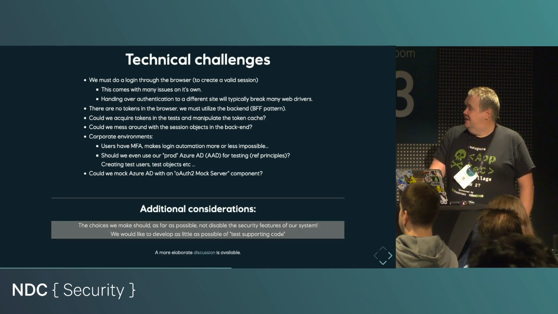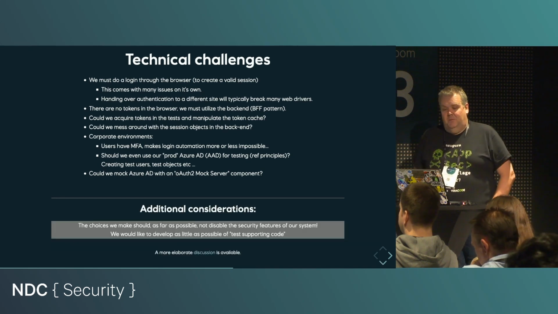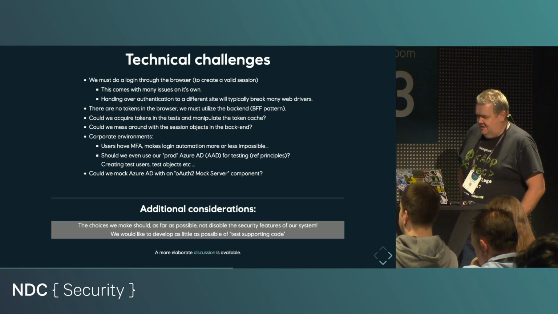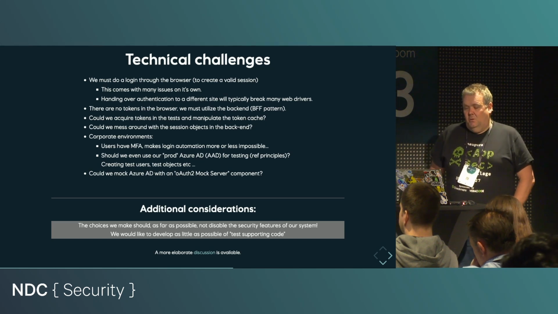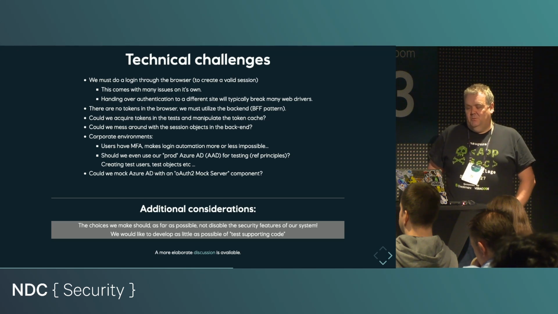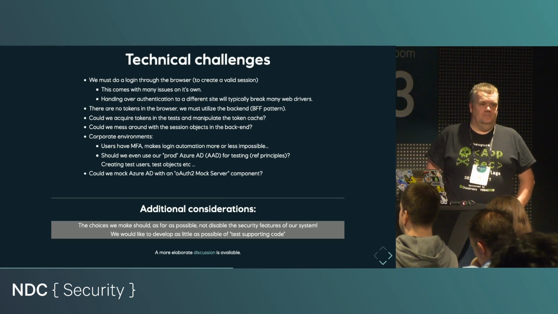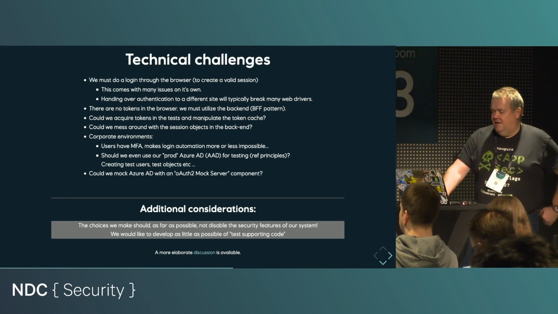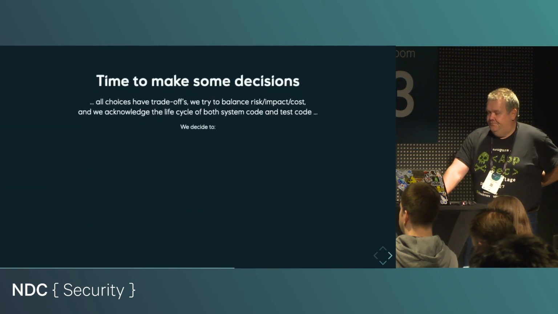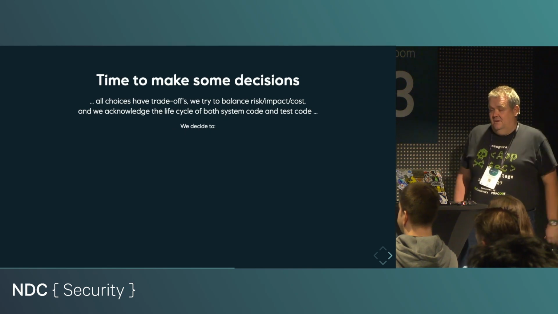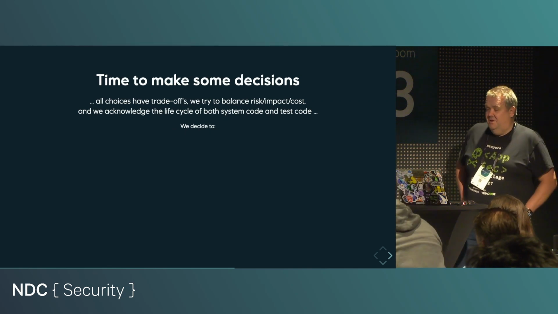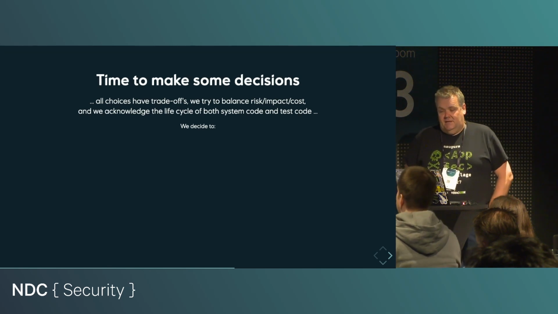An additional consideration that I think is worth making: the choices that we make should, as far as possible, not disable the security features of our system. And I would like to develop as little as possible of test supporting code. So this is my starting point, and it's time to make some decisions. And like I said, all choices have trade-offs, and we try to balance the risk and impact and so on.